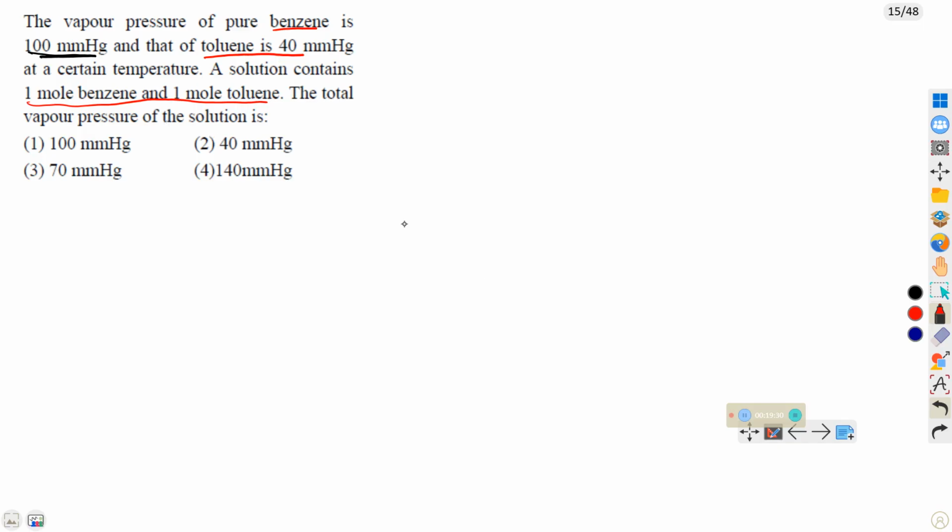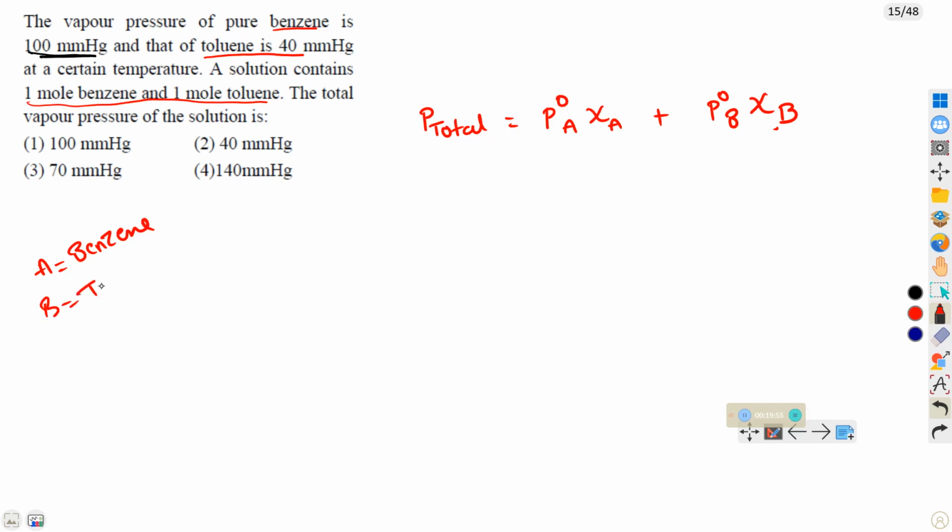The total vapor pressure of the solution: P total is equal to P naught A XA plus P naught B XB. A represents benzene and B represents toluene.